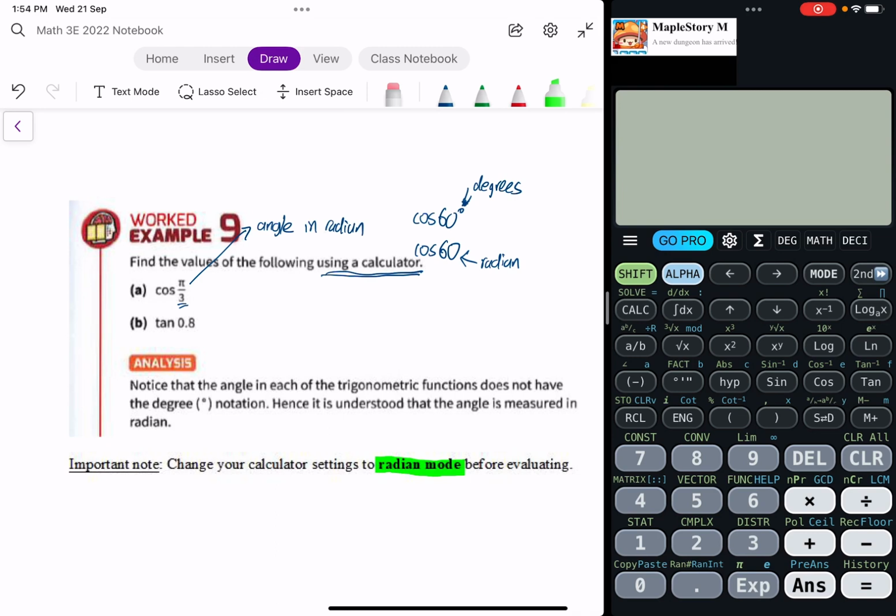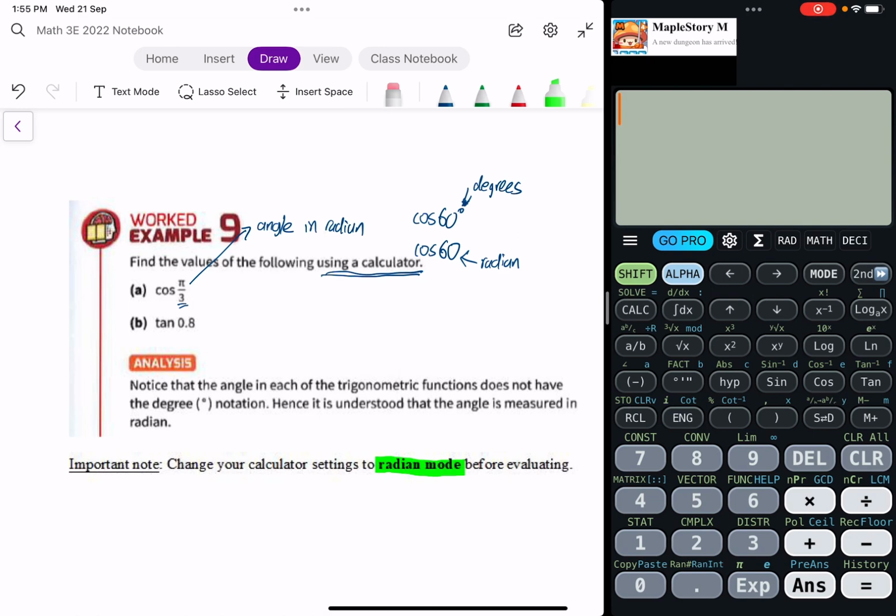For example, on the iPad calculator, DEG stands for degrees, so I tap once and it changes to RAD. This changes it to radian mode. For your calculator, you need to figure out the steps to change to radian mode. Now I've changed to radian mode.